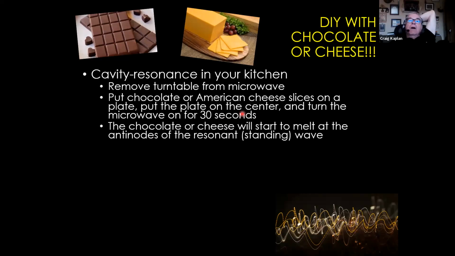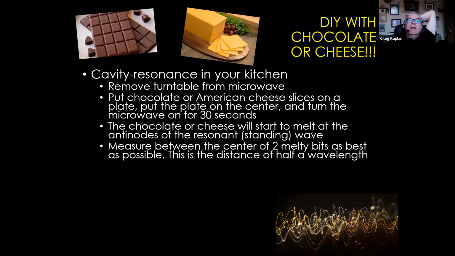So you experiment with the timing, a little more, a little less. You want to interrupt the process when there are little points of melted cheese or chocolate that you can measure between the centers.